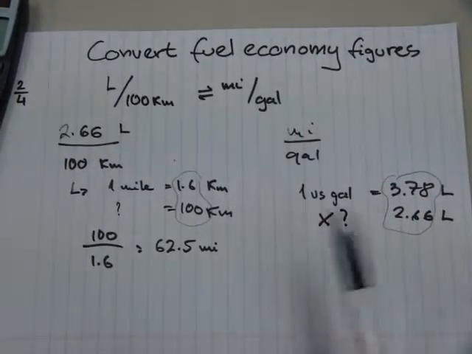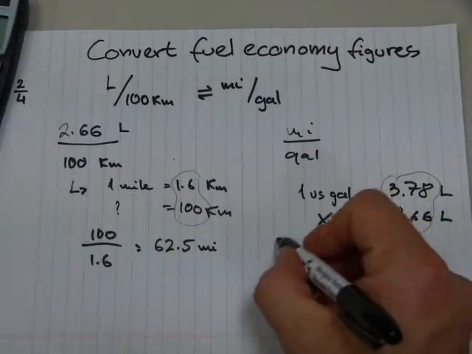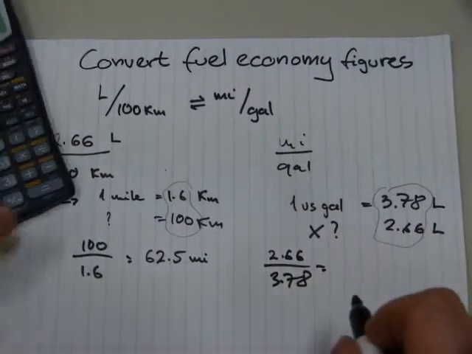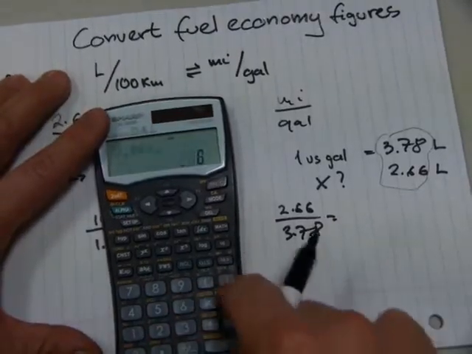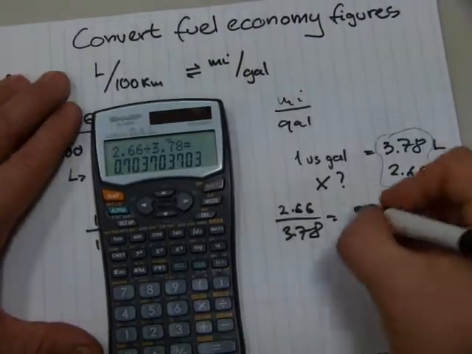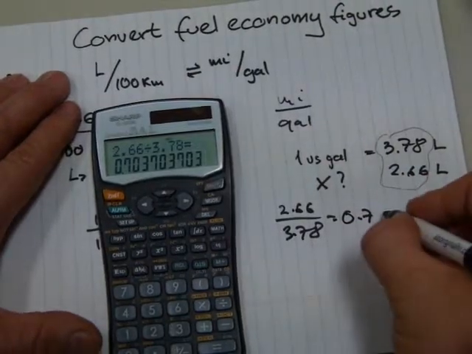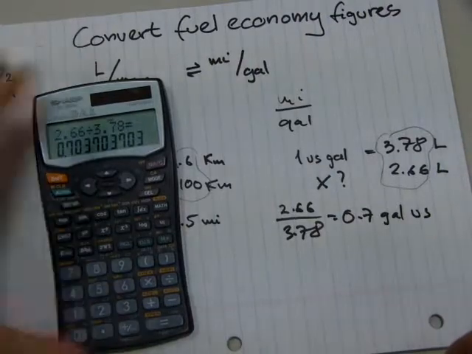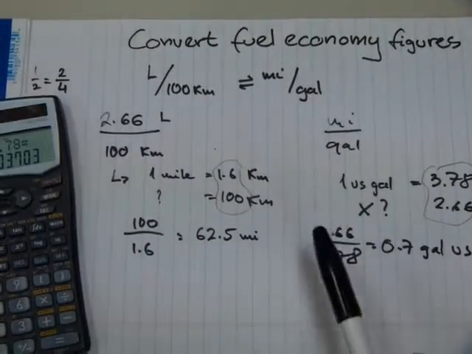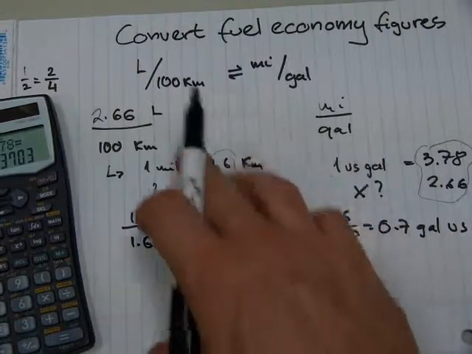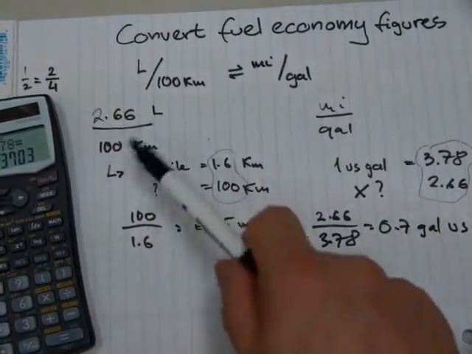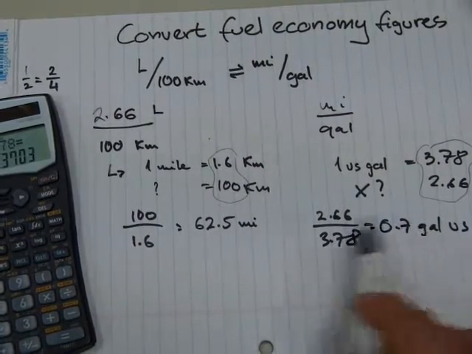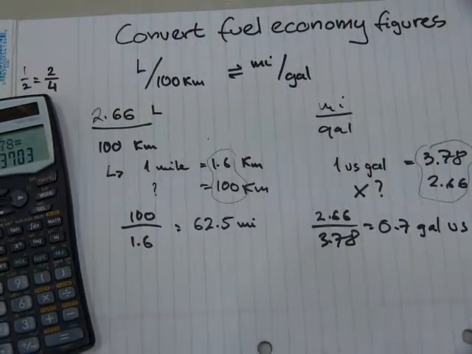The 2.66 needs to be divided by the 3.78, and when we do that, we're getting 0.7 US gallons. So if a vehicle is using 2.66 liters of gas over 100 kilometers, it's the same thing as saying it's using 0.7 US gallons over a distance of 62.5 miles.